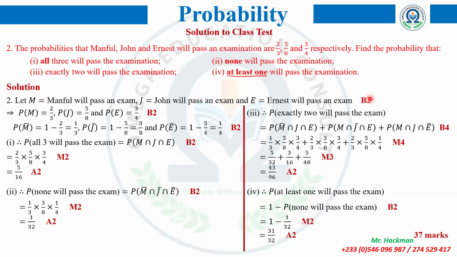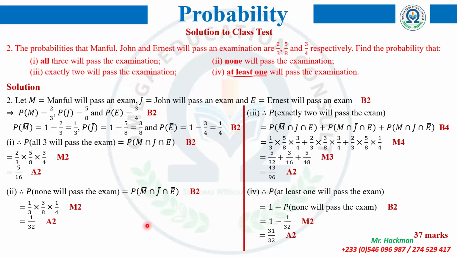That will be B0. Then if you wrote P(M) is equal to P(Manful will pass), and you come and write this one, this will also be B0, because it will be a tautology. So you are going to lose 6 strong marks, good marks. So take note of that.